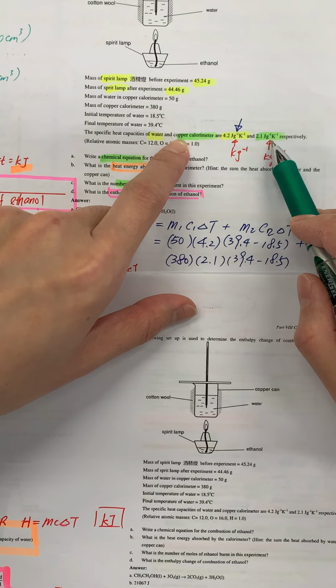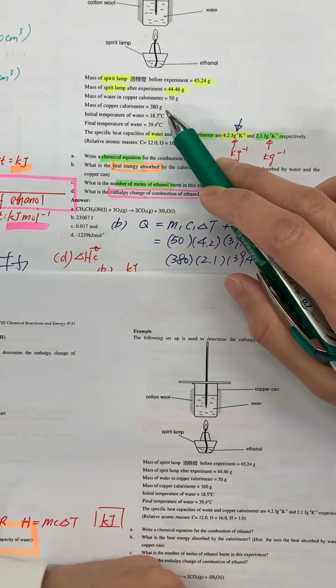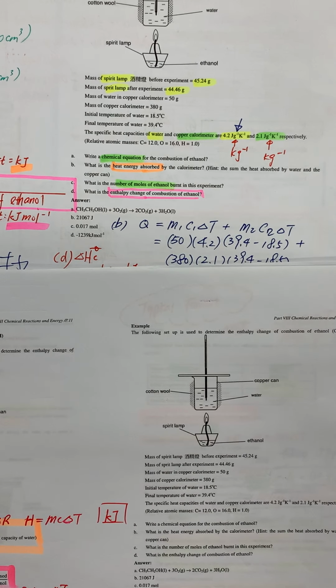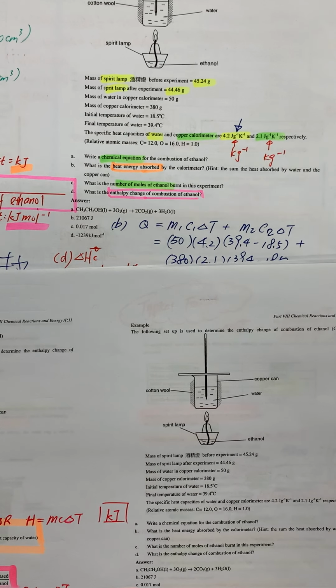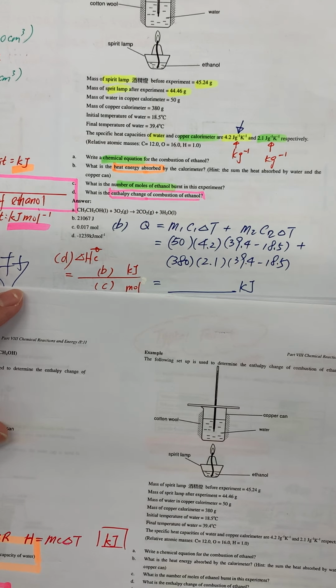The specific heat capacity is this value, multiplied by the mass, and the temperature change must be the same, because we consider this the whole calorimeter. And then the unit is kilojoule.